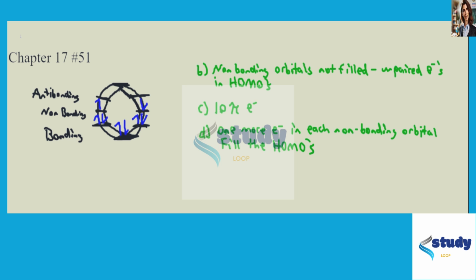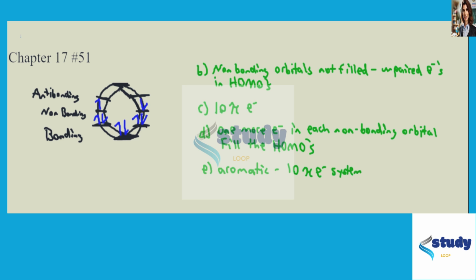Classify the dianion as aromatic, anti-aromatic, or not aromatic, and explain why. Like I just said, it's going to be aromatic. You could say it's going to be aromatic because it's a 10 pi electron system.